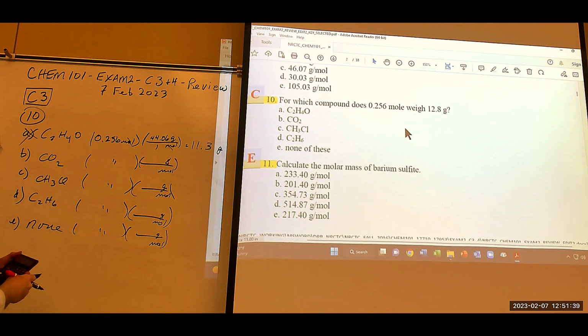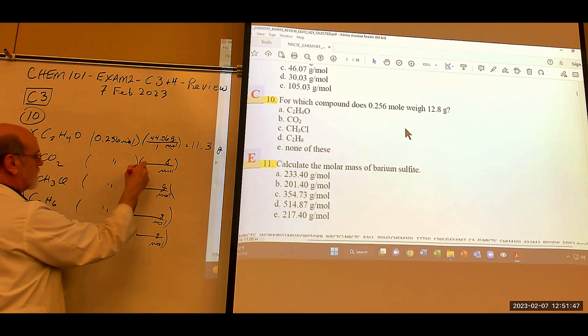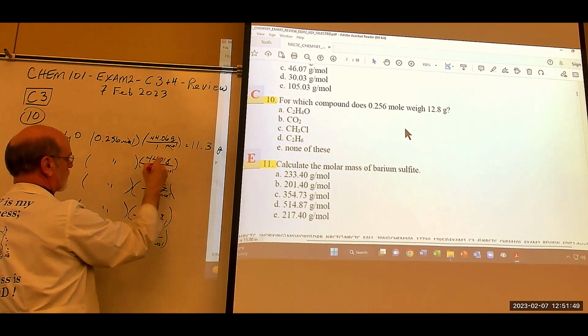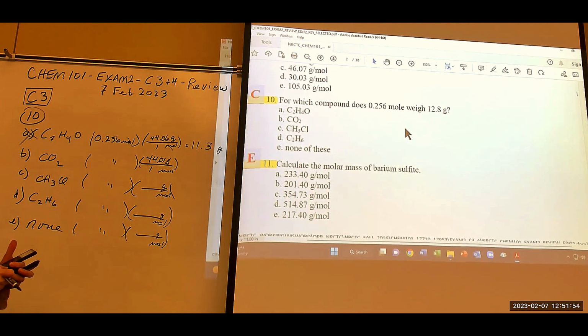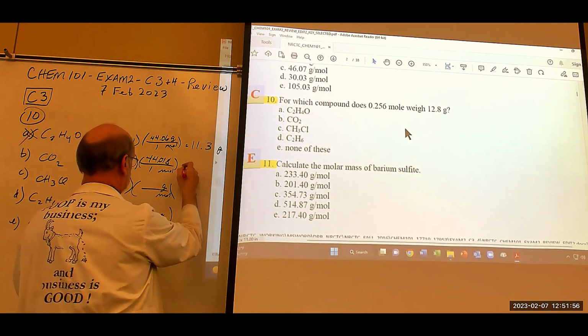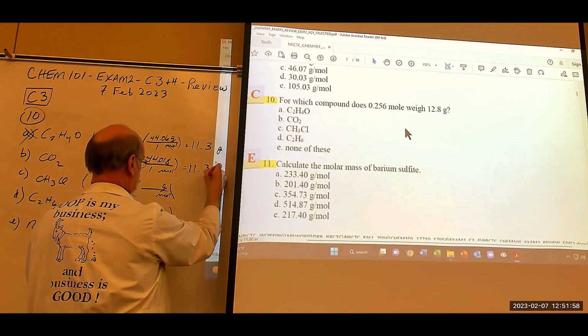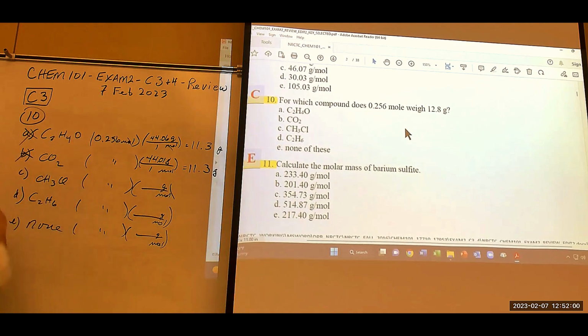How about carbon dioxide? So that's 12.01 for carbon and 2 oxygens, 32. 44.01. Okay, times 0.256 is 11.3. That's not it either.